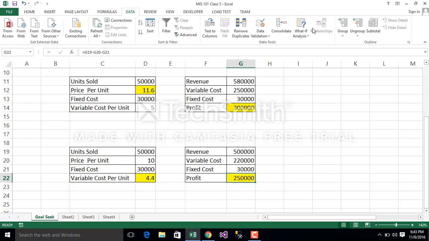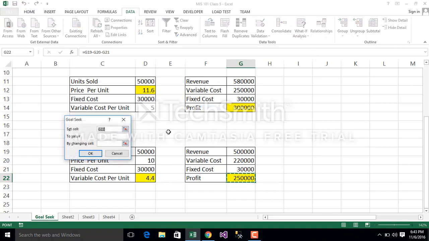Same thing, do again for this problem, by changing this one, then we can do it.